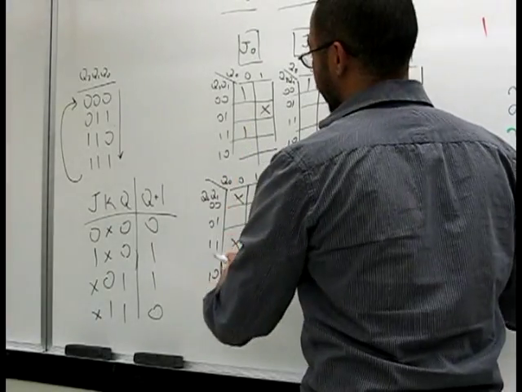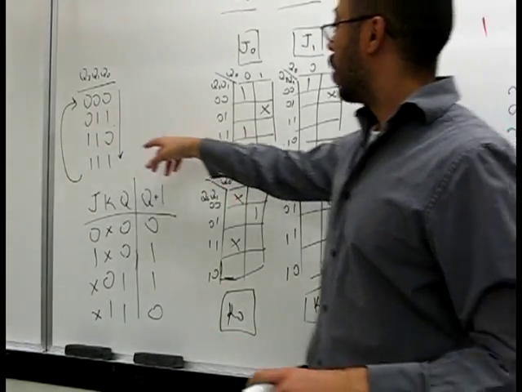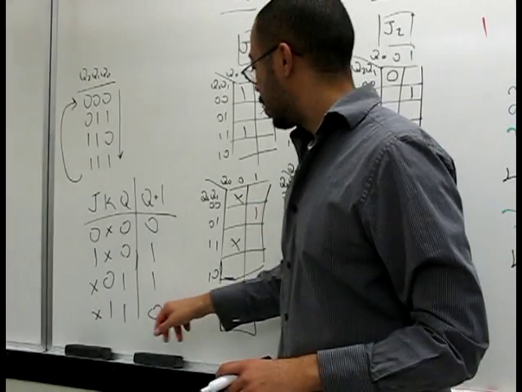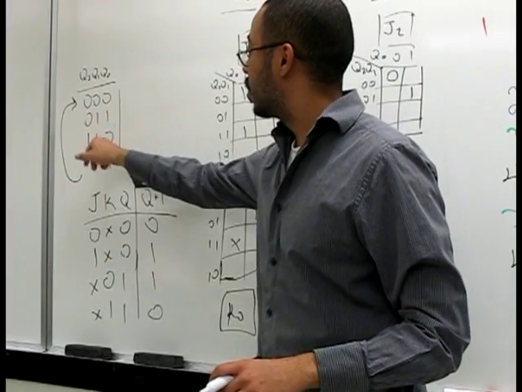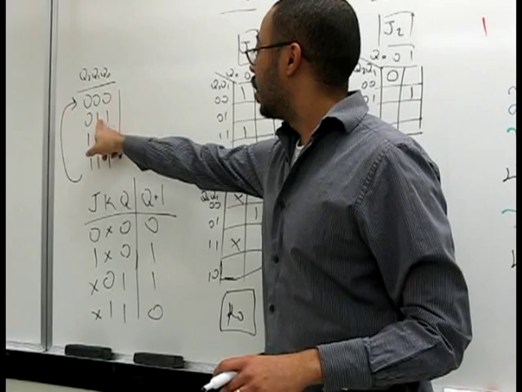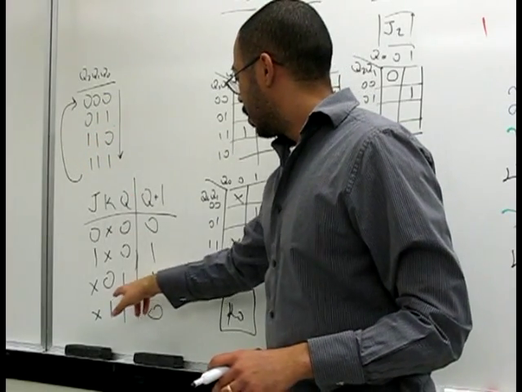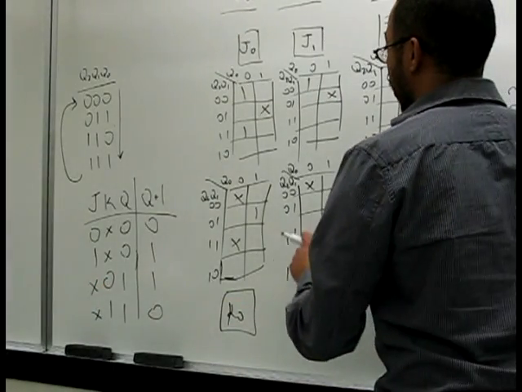And 1, 0. Okay, so 1, 1, 0. We were a 0, we needed to become a 1, so 1x. We were a 0, needed to become a 1, 1x. Now we got to go to the next bit. We were a 1, needed to stay a 1, so 1 to 1. J doesn't care, K is 1.